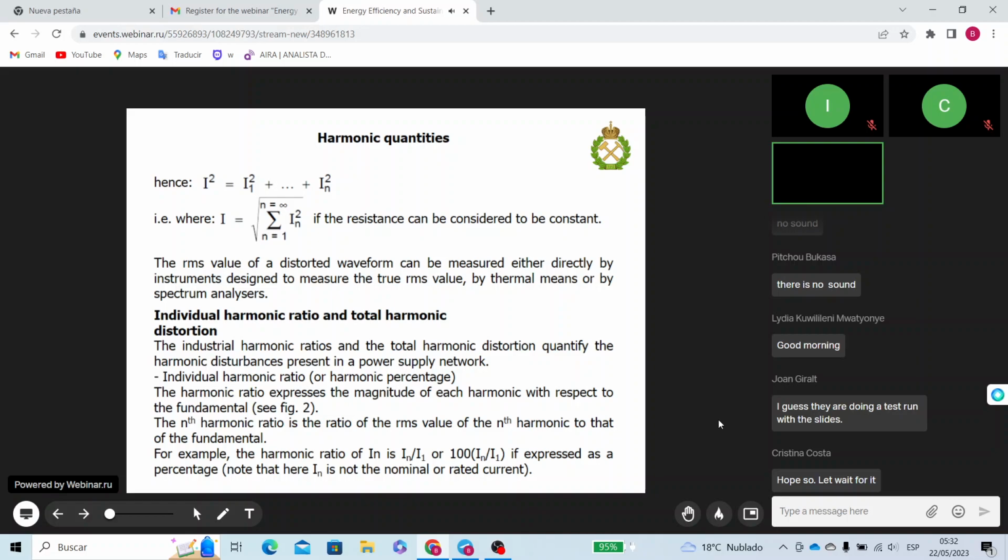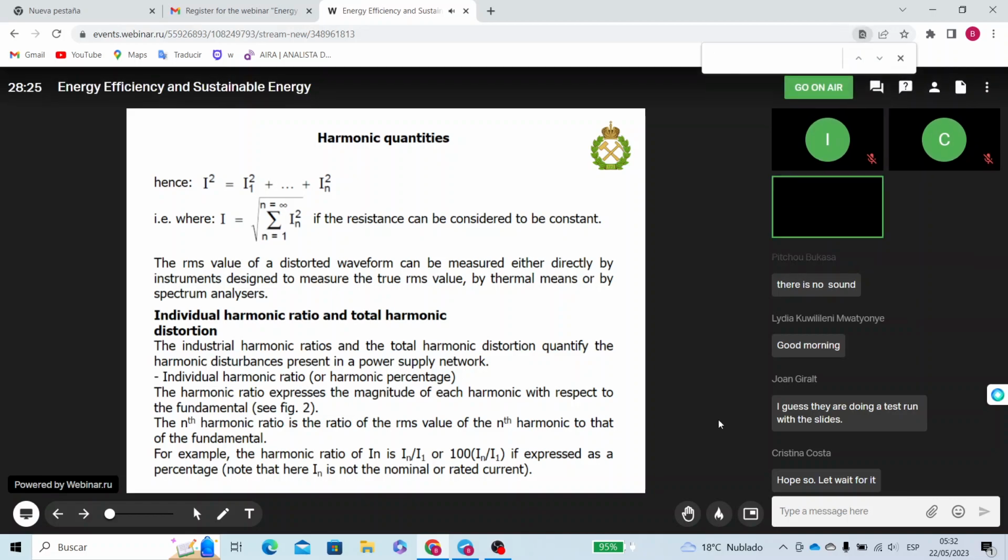And also, when we talk about harmonics, we should consider some ratios, some factors which reflect the level of harmonics in our power supply system. Here we have two main ratios.